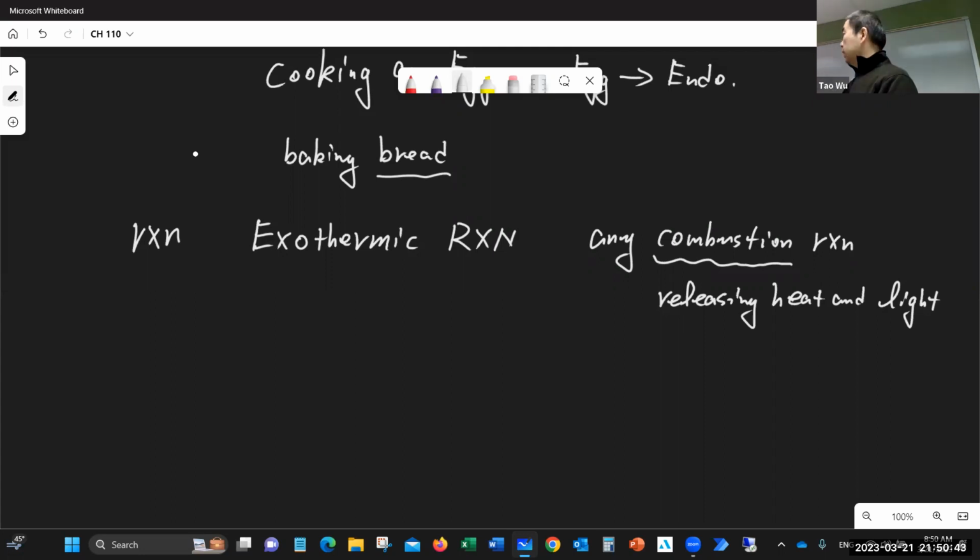If you're burning a Bunsen burner, that is also an exothermic reaction. You feel warm, but it consumes the fuel itself.